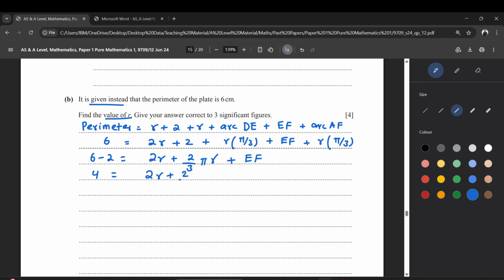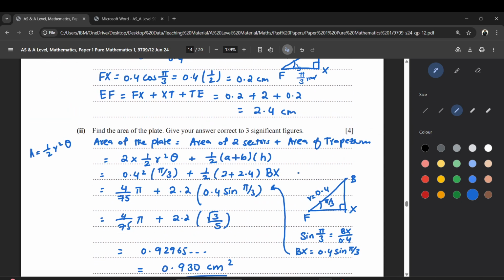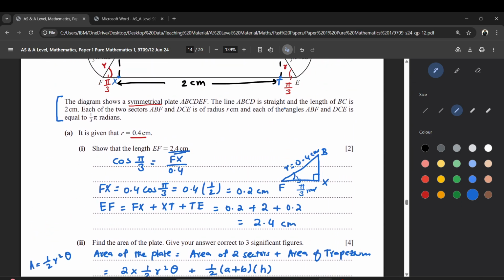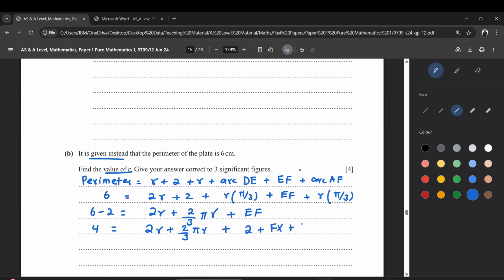Okay, and then we'll combine later, because I was about to factorize it, but then even for EF we will still have the radius, right? So let us just keep it the same for now. EF is the sum of 2 centimeters plus FX plus, what was the other one? TE, okay, or ET.